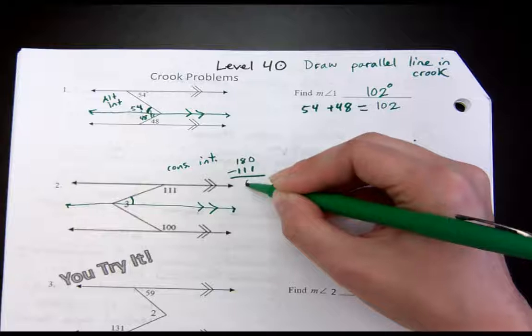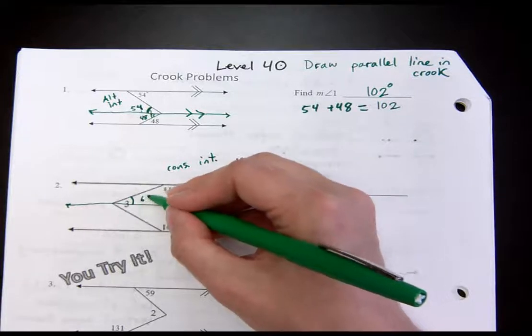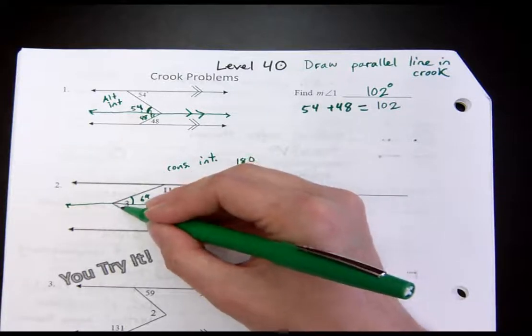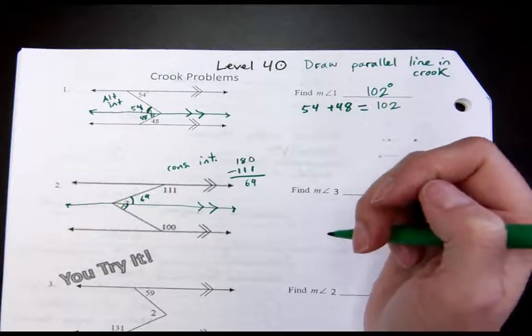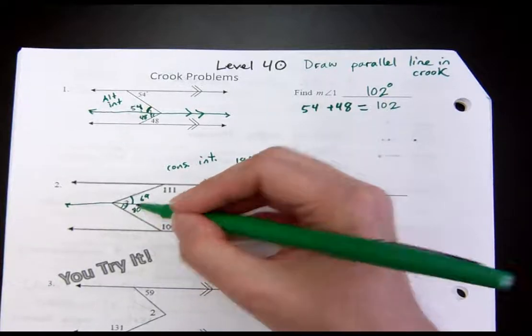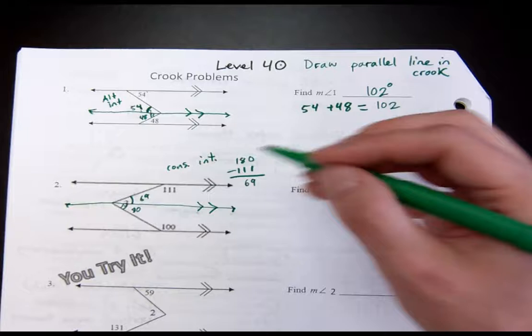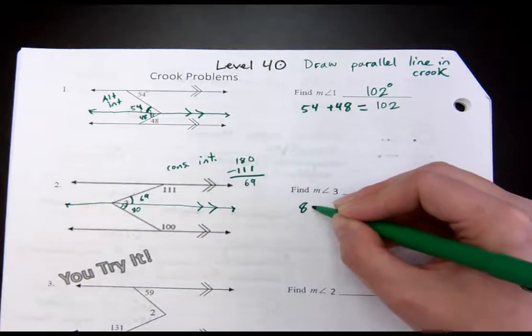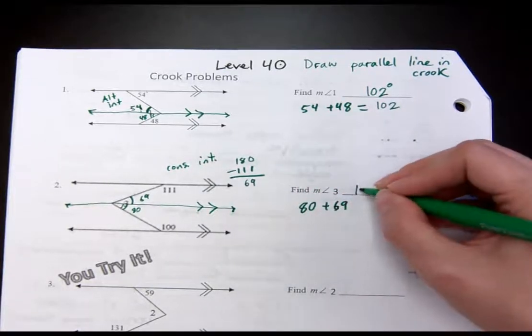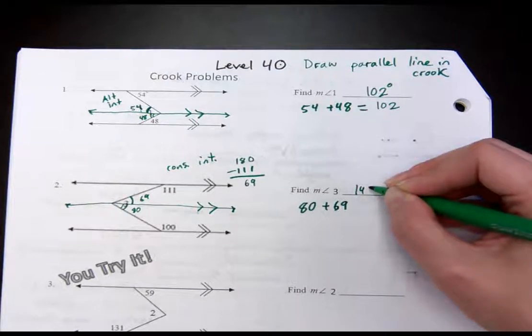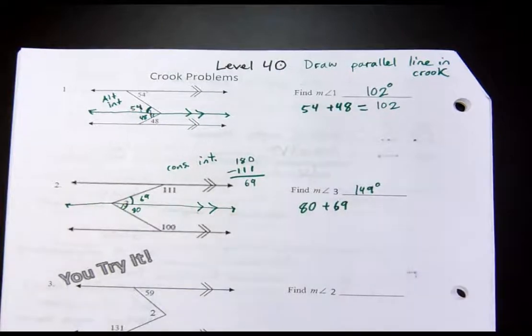Just 69, right? So 69. How about on this side? 80. And so we're still going to add those together to get our angle. What's 80 plus 69? 149 degrees.